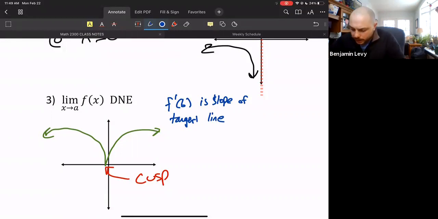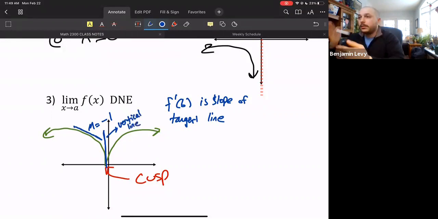The tangent line right here, let's just pretend that has a slope of, I don't know, -1 or something, right? It's negative, it's going down. As we get closer to 0, notice that the slope of this thing gets almost vertical. This is basically a vertical line at that cusp point. What's the slope of a vertical line?